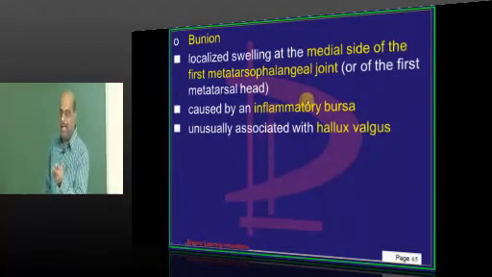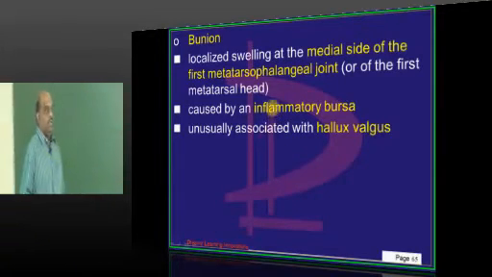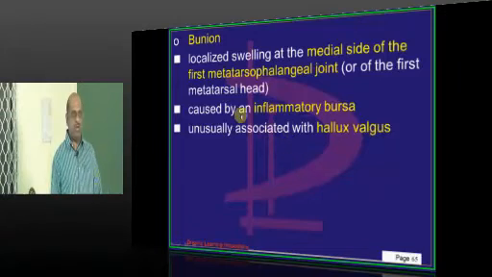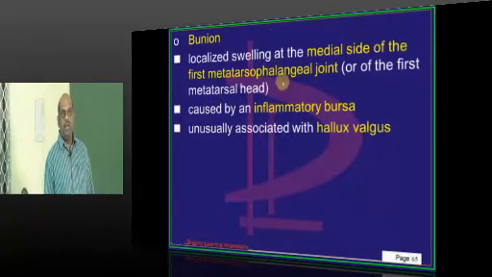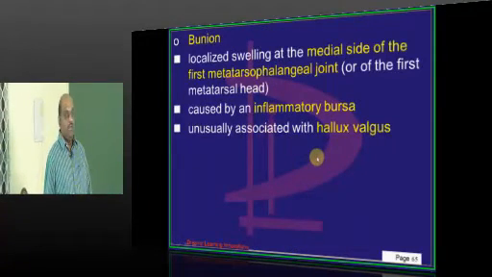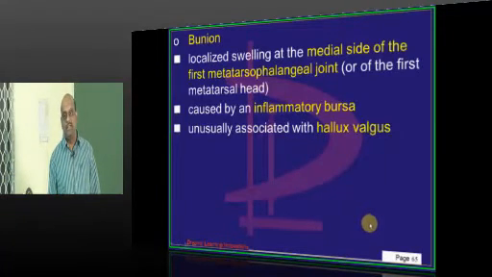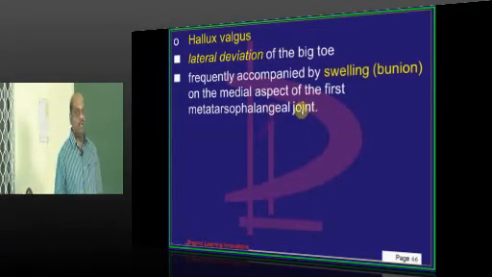Then what is meant by bunion? A swelling on the medial side of the first metatarsophalangeal joint is called a bunion. It is also an inflammatory bursa, and usually bunion is associated with hallux valgus. What is hallux valgus?